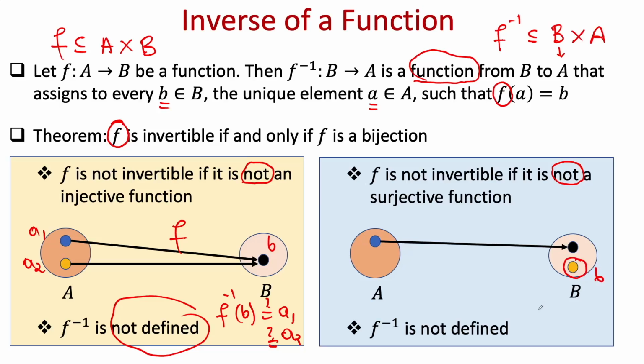If that's the case, what can you say about the image of the element b as per the f inverse function? It's not defined, and that's a violation of the definition of the inverse of a function. So that shows that a function is invertible if and only if f is a bijection.